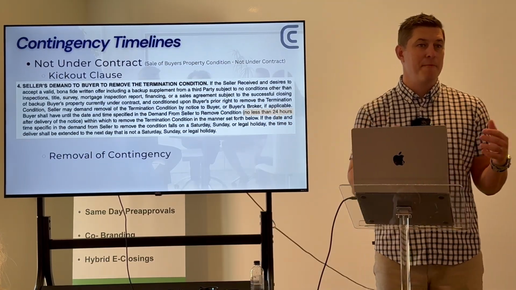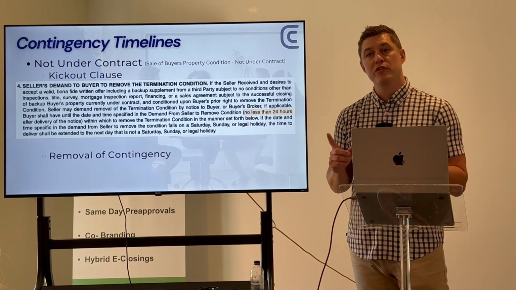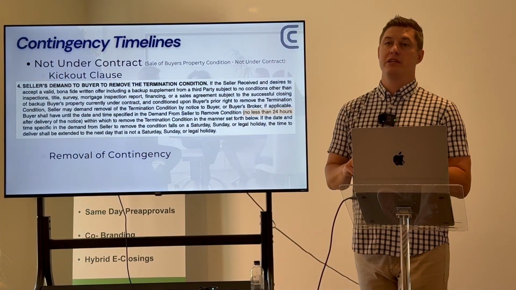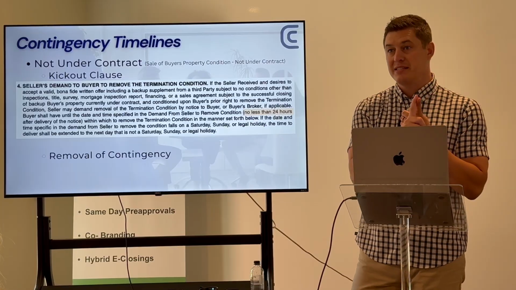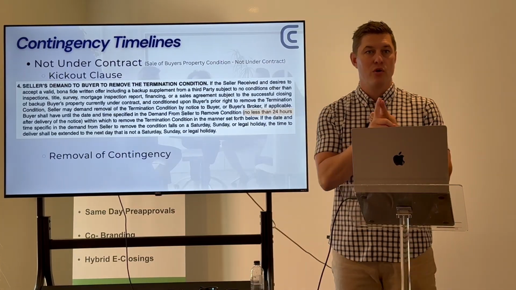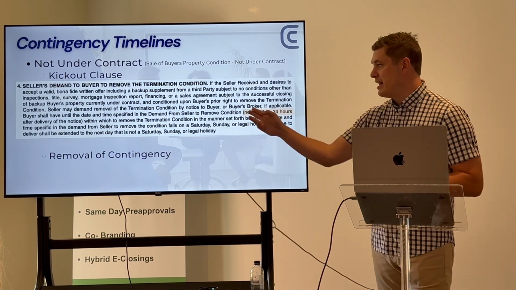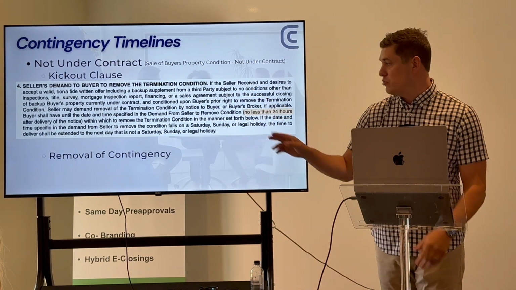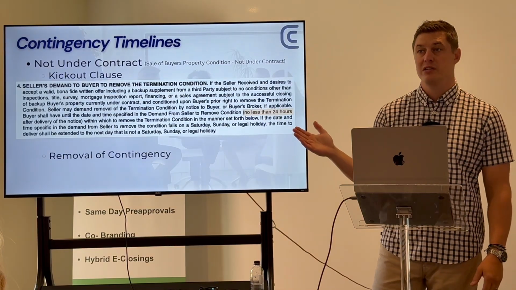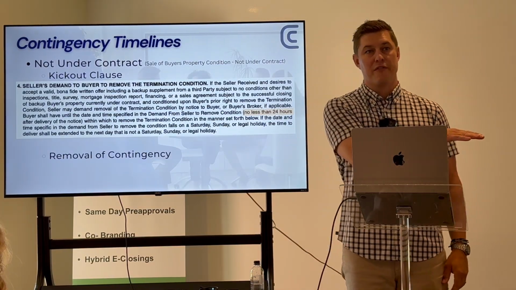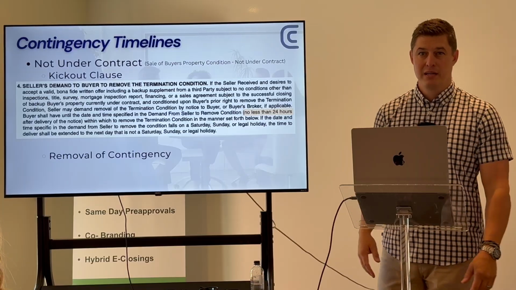It gives you more time. There are 2 ways you can remove your contingency. You can get some sort of short-term financing, like a bridge loan, or you can sell your house and get it under contract. So when they issue that demand, you've got 24 hours to remove your condition, or they can take the other offer. Does that make sense? So that's the kick-out clause.